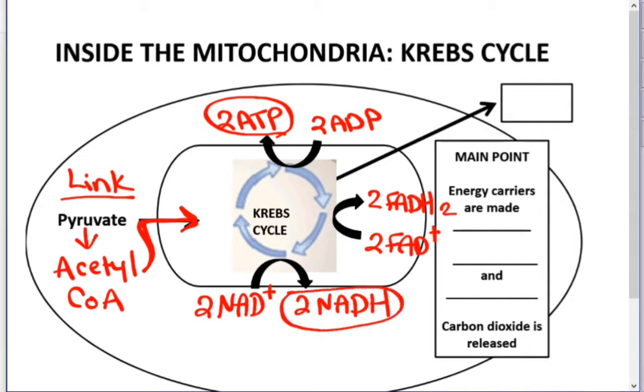The little arrow represents that, FAD plus is what goes in, FADH2 is what comes out. What do I need you to know about them? They are carrying what? Energy in the form of electrons. Okay, the ATP can be used by the cell, but the FADH2 and the NADH we're going to use for something else in just a minute.